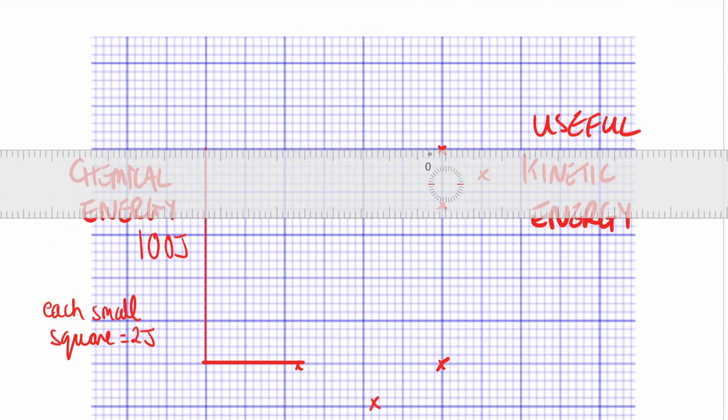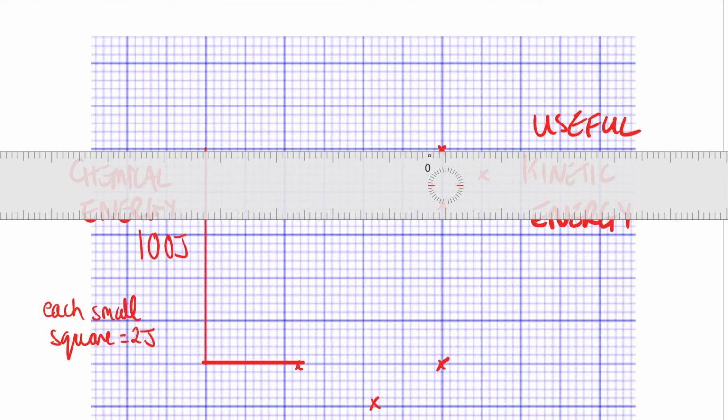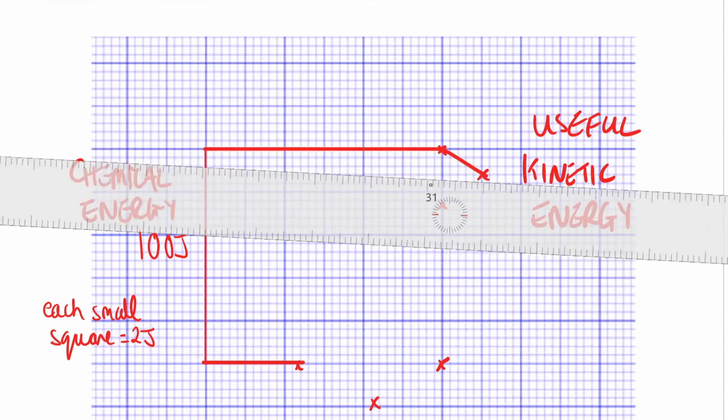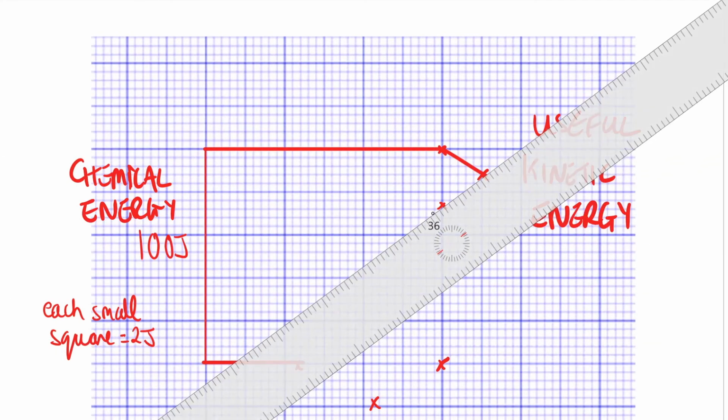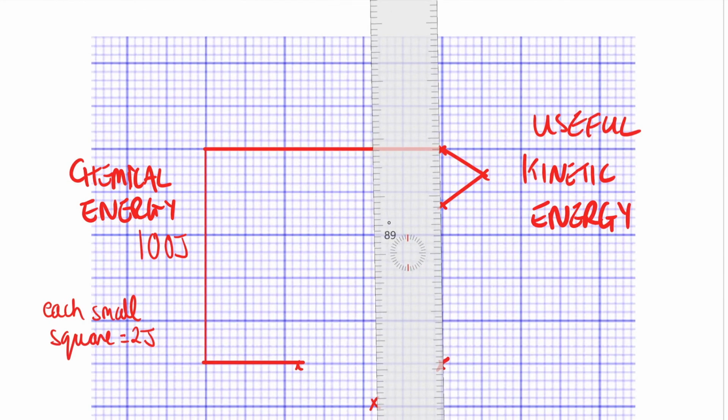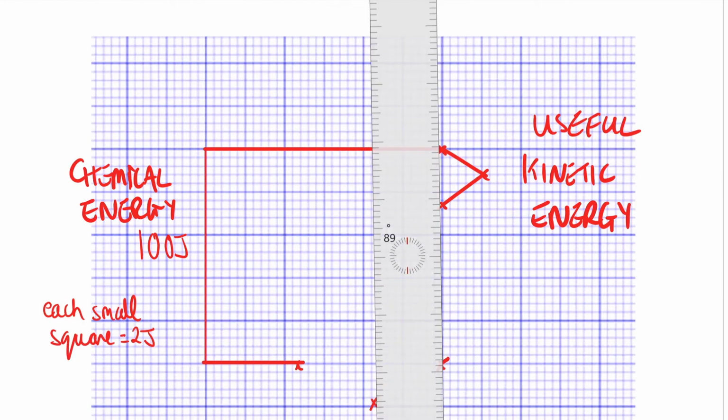So you're just representing the transfer of energy, and because only 25 joules of energy is transferred into kinetic energy out of the 100, we say then that the efficiency is 25%.